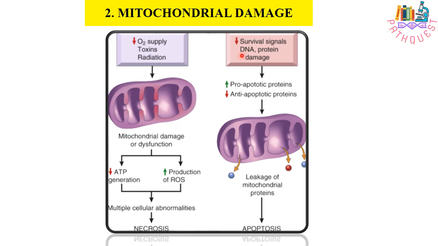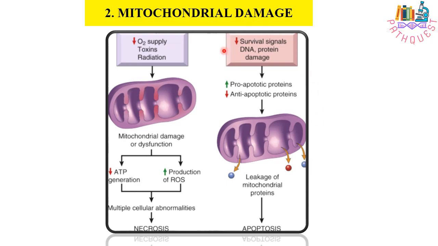When the mitochondrial damage occurs by mechanisms like decreased survival signals, like in aging, or DNA or protein damage, this results in activation of different mechanisms. These include increased pro-apoptotic proteins and decreased anti-apoptotic proteins. Pro-apoptotic proteins are the proteins which activate the process of apoptosis or programmed cell death.